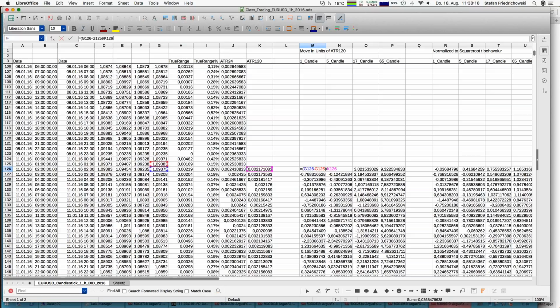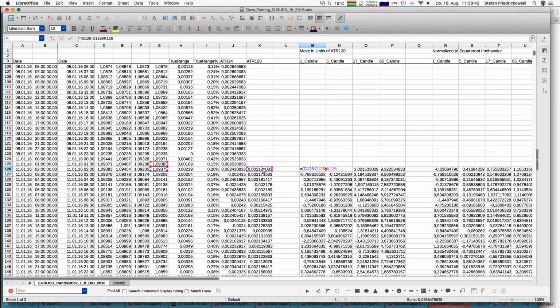So I build the difference between the close price from now to the close price from one candle before. And you see in the formula that I divided that number by the value of the ATR 120.